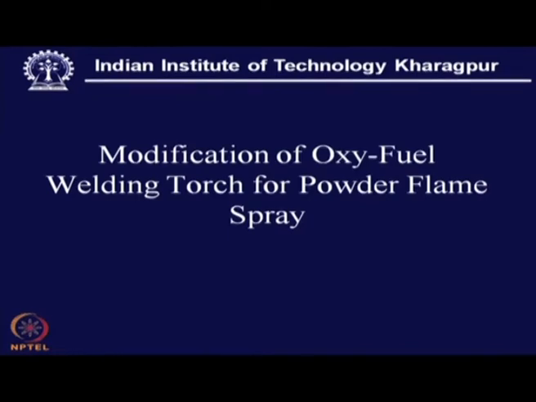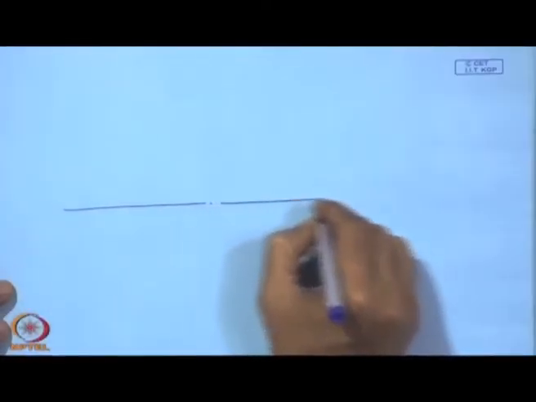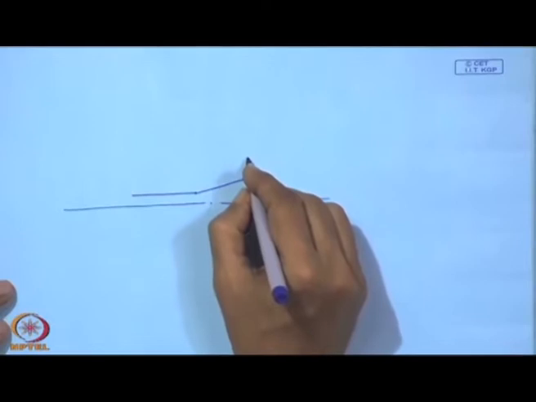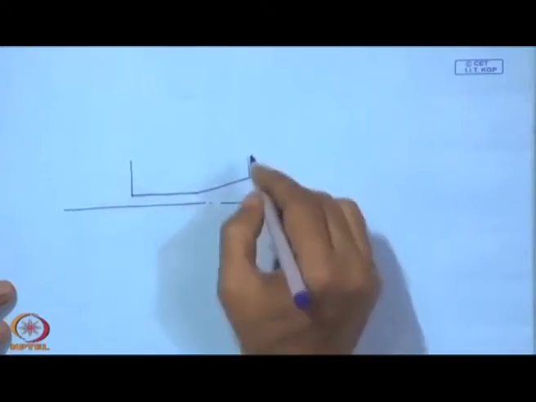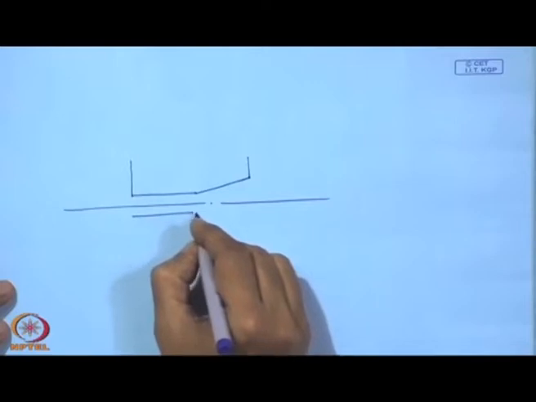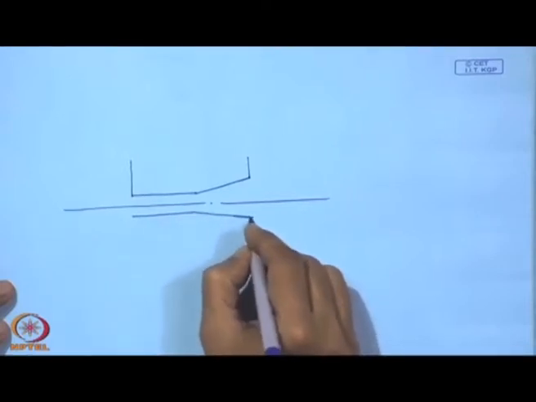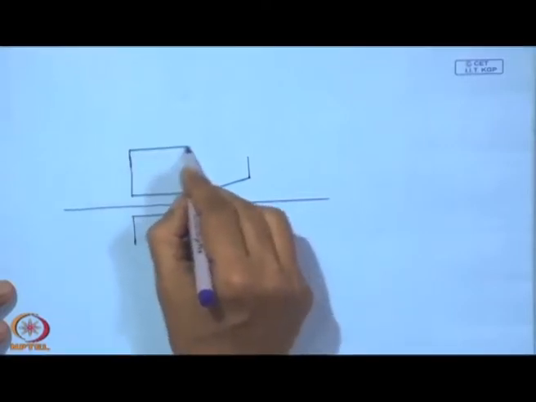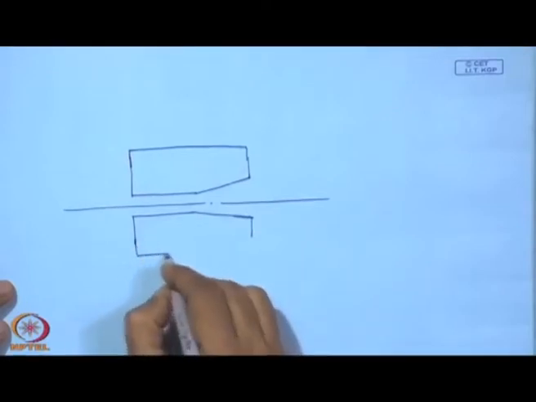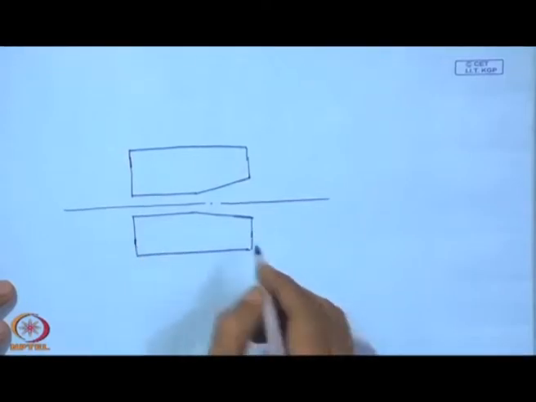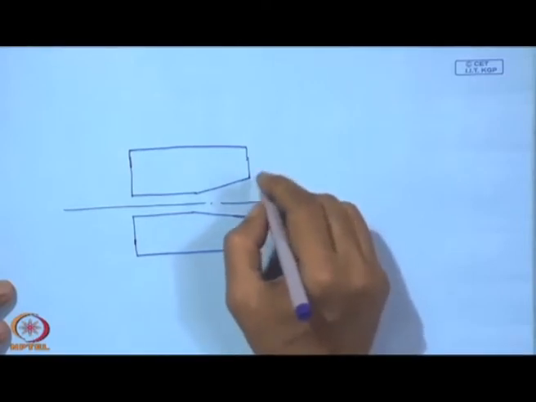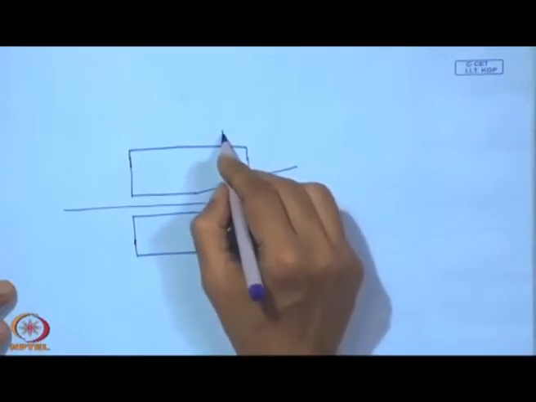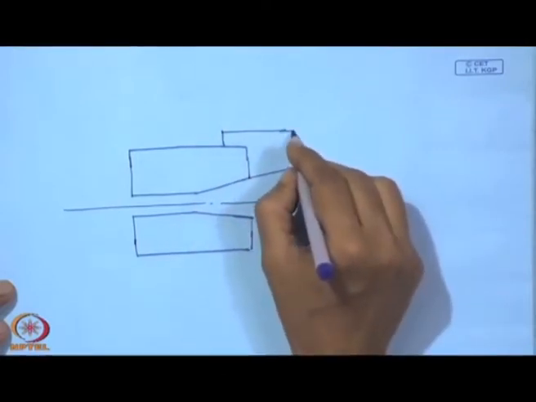So, if we can have a sketch, this is just a central hole in that nozzle, and over this we can add the front portion of this nozzle.